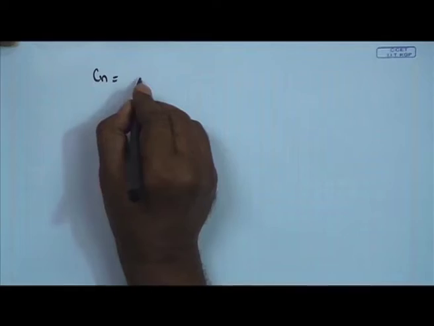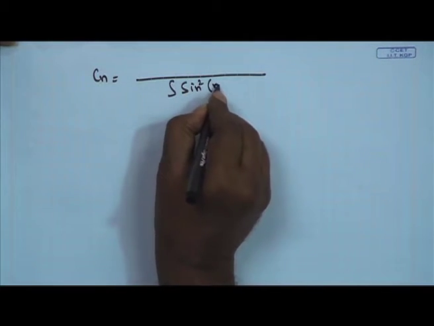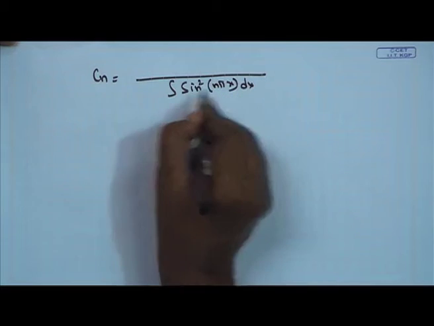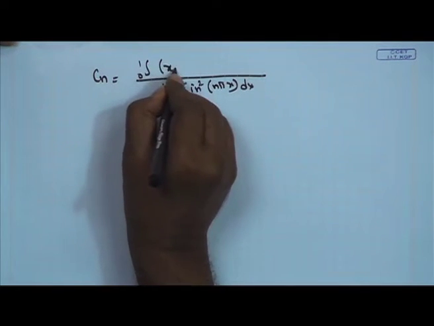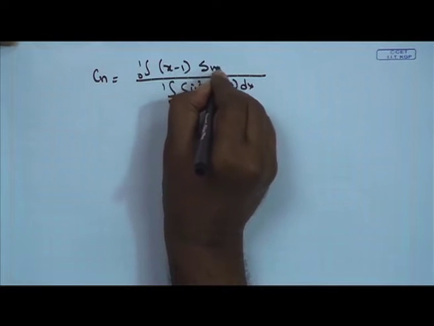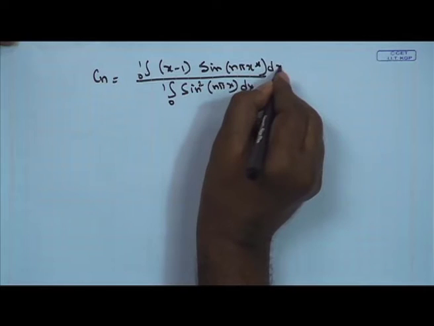We will be getting Cn as the integral of x minus 1 sine n pi x star dx star from 0 to 1, divided by the integral of sine square n pi x star dx star from 0 to 1.